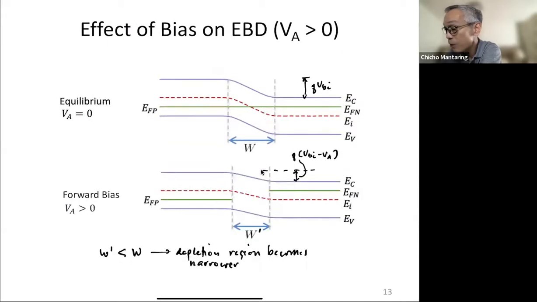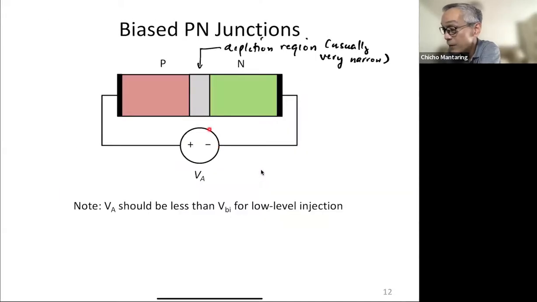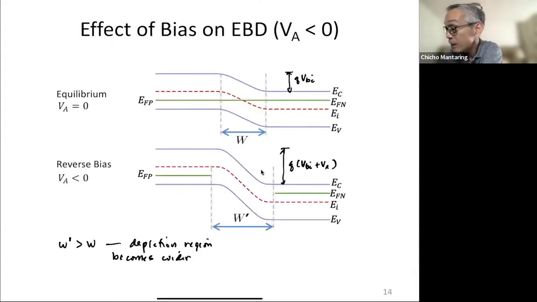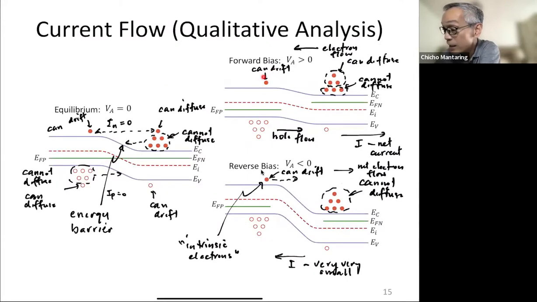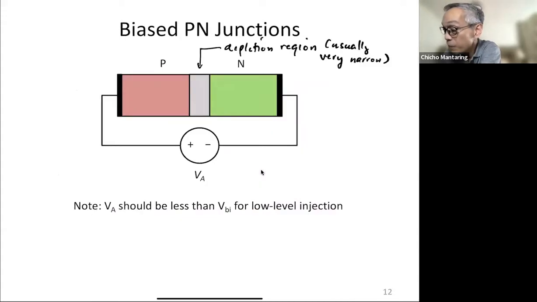When you look at the bias, this is the bias. I'm showing an electron here in the P side. So this plus is trying to, sorry, wait.